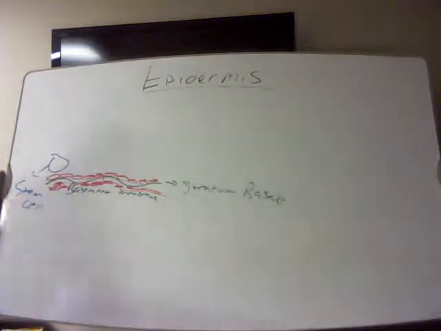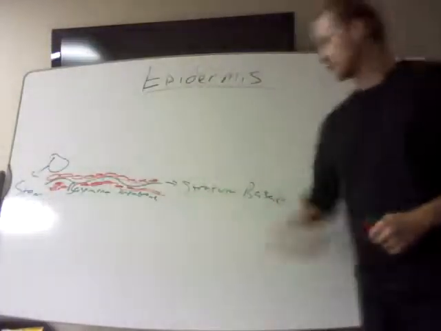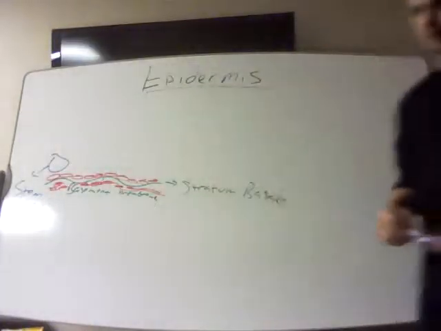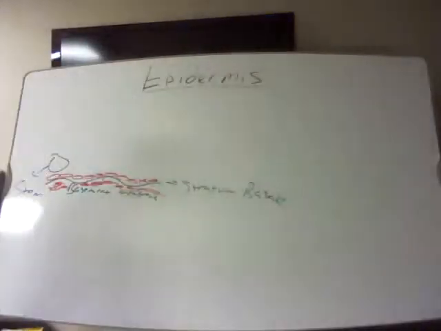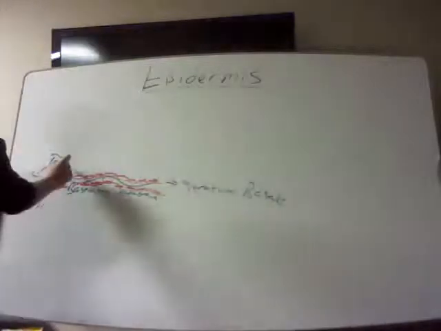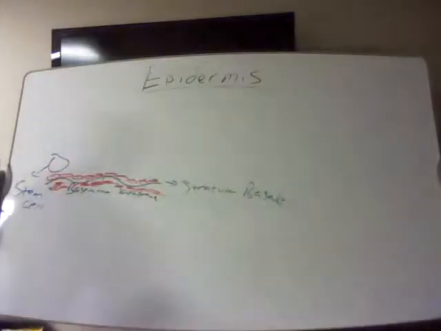One thing you have to remember about skin, especially the cells of the epidermis, is that it is a very high turnover tissue. It is constantly undergoing mitosis, constantly undergoing cell division, and these stem cells are constantly generating new cells.